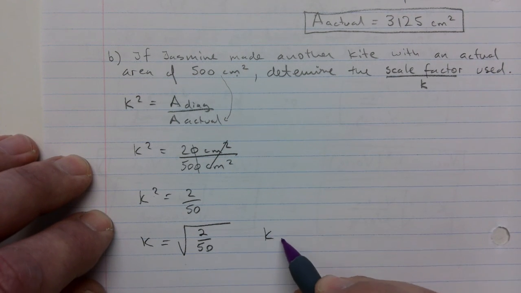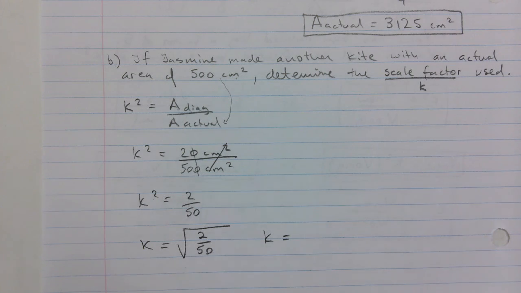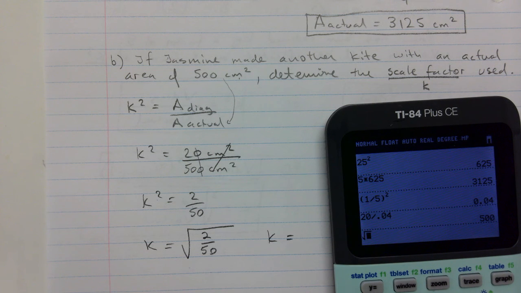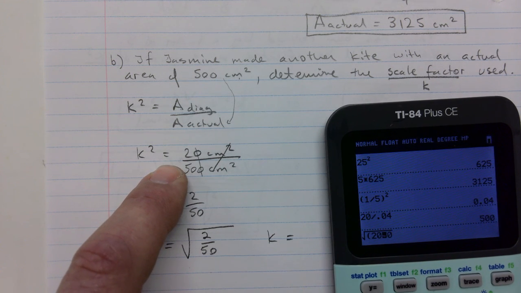Okay, so let's find out what that is. And I'll show you how to type that in. Okay, I would say you go second x2 brackets 2 divided by 50. By the way, you didn't need to reduce, right? You could have gone 20 divided by 500, right? It would have given you the same result.